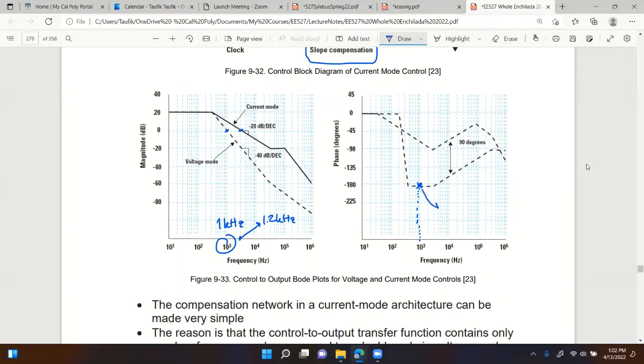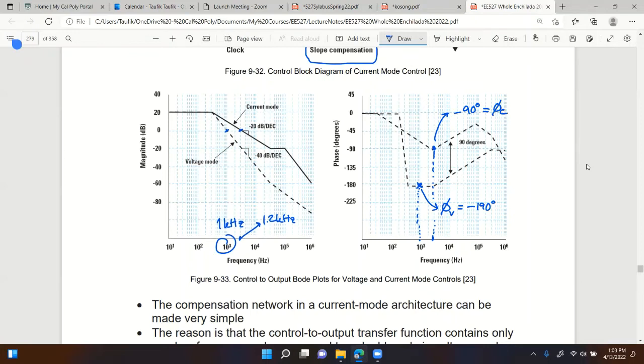What is that phase angle? It's about minus 190, something like that. What about current mode? That's about 1.2 kilohertz, this line right there. You can see the phase angle is right there, minus 90 degrees. So that's the angle for current mode.